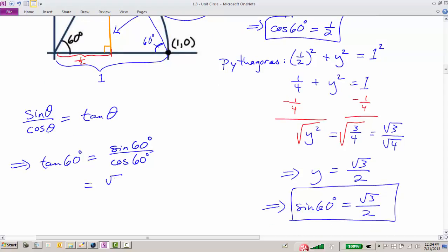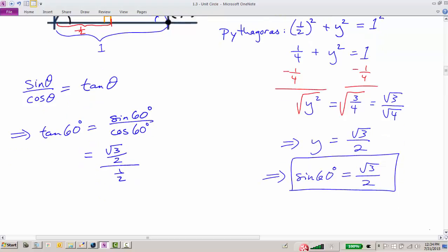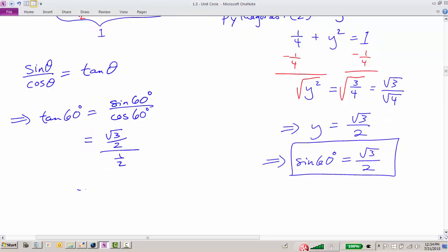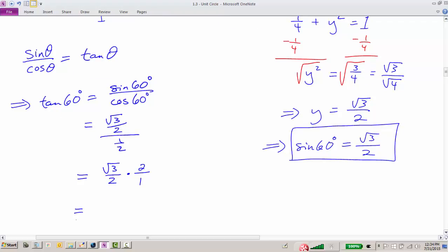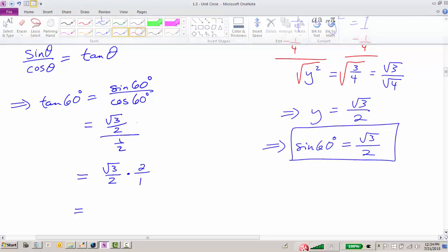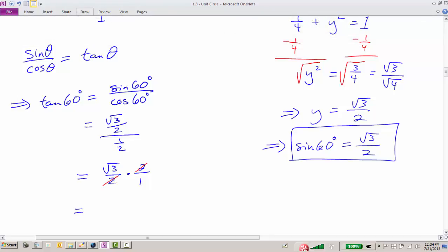So it's equal to √3 over 2 divided by 1/2. And we can divide by a fraction simply by multiplying by the reciprocal. Or you could do this on your calculator as well. We get these 2's to cancel out, and we find that tangent of 60 degrees is equal to √3.